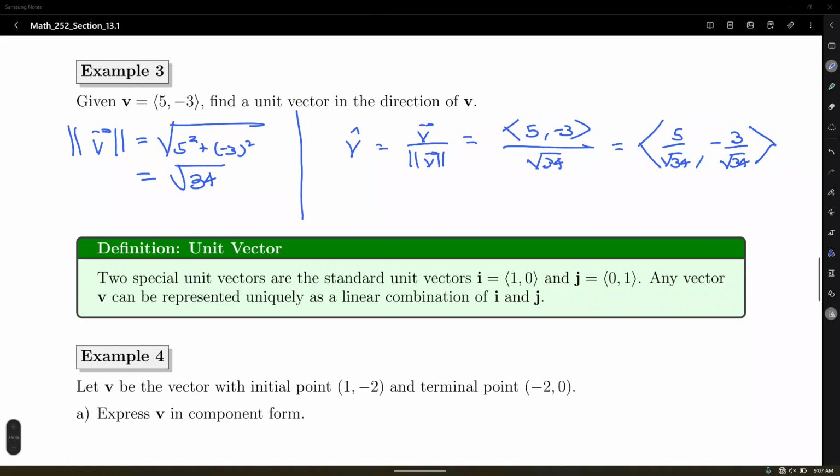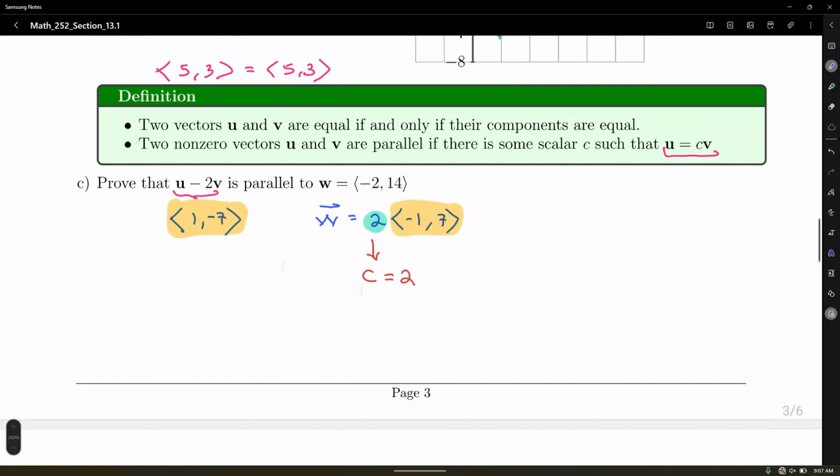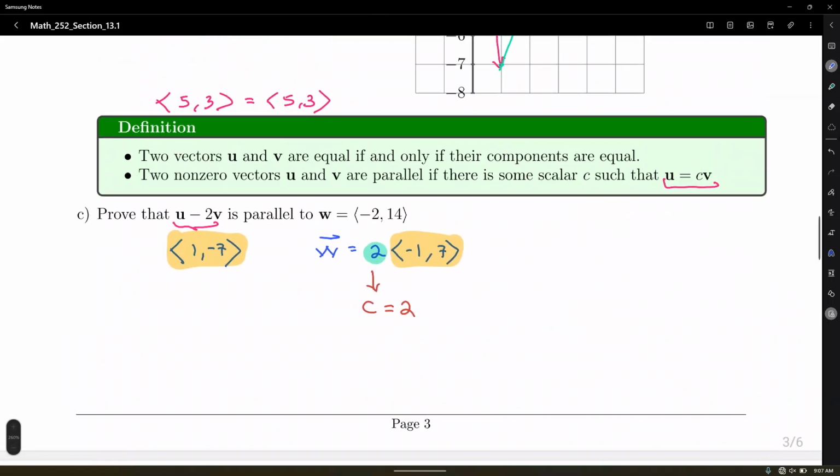Vectors. I need to go back to the parallel vectors. So here, it turns out I needed to factor out not a 2, but a -2, just so these two vectors match.